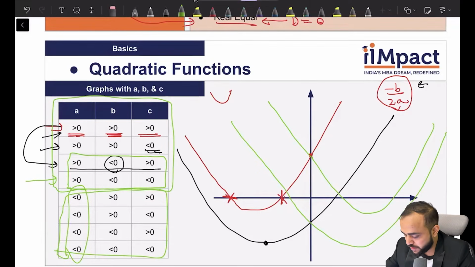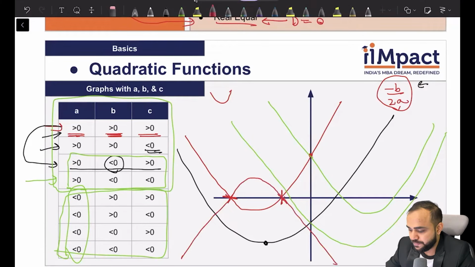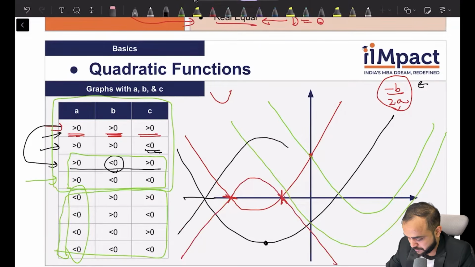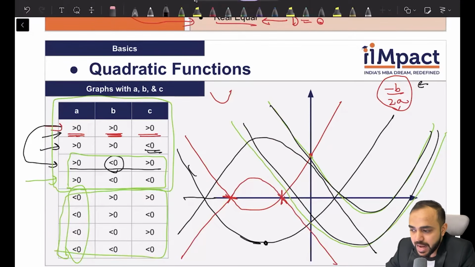So the remaining four cases would look something like this. So this one, then you will take the invert of this one and this one. So you get the idea about the graphs.